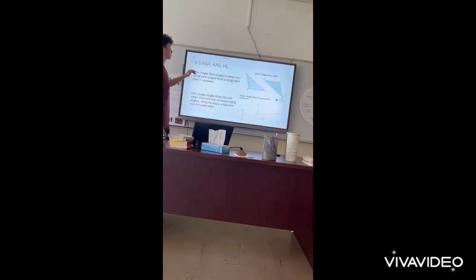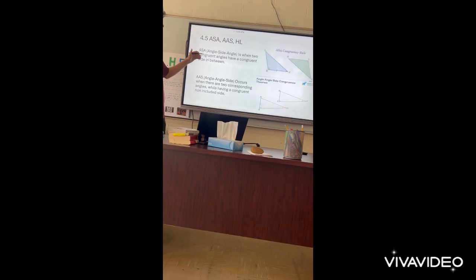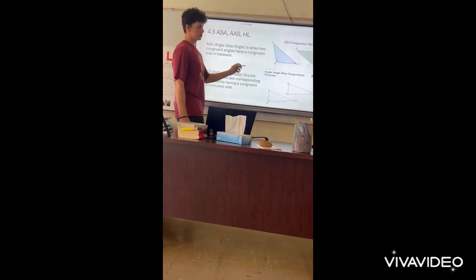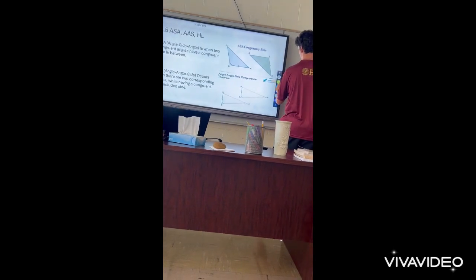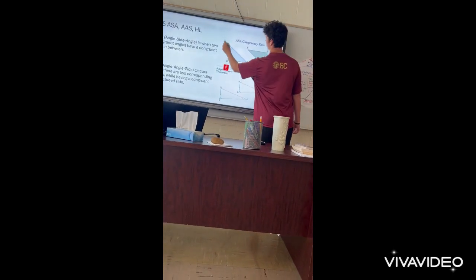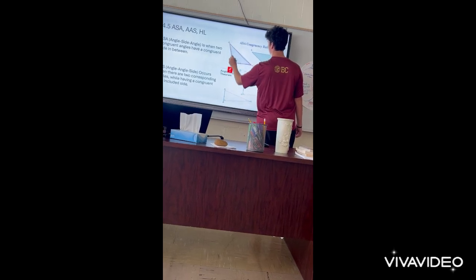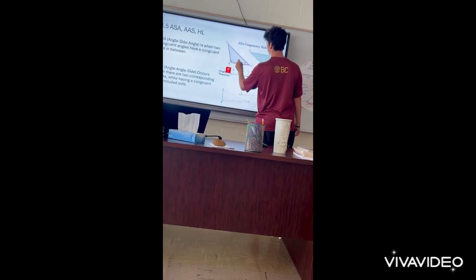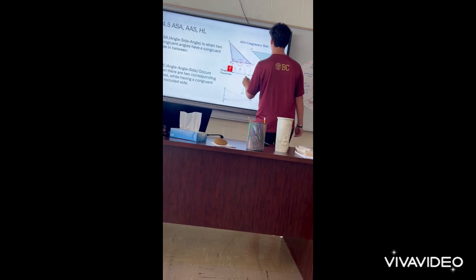ASA, angle side angle, is when 2 congruent angles have a congruent side in between. This, comparatively to SAS, has 2 angles on both sides of a side.